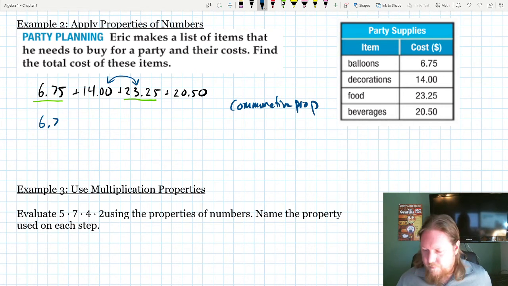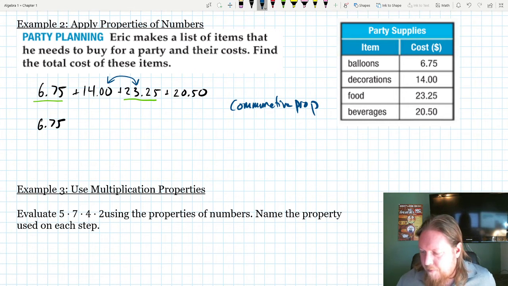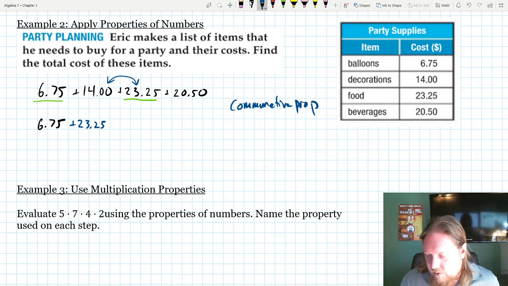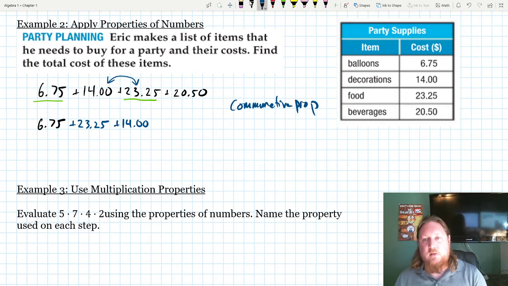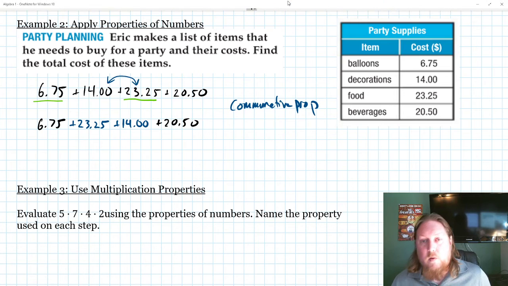Oh, wait, you know what? The 6.75 isn't changing. It's still in the same spot. But the $23.25 and the $14 even changed locations. Then $20.50. All right. So now I'm going to add these things together here.